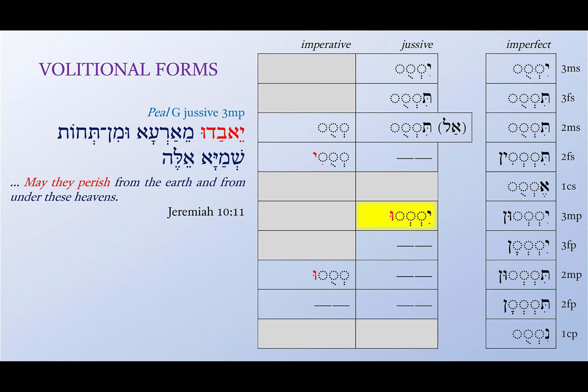And what's interesting is most modern Bible translations don't use this jussive rendering here, like may they or let them, those kind of ideas. They just assign a typical imperfect, future-like rendering. Whereas, of course, all of the grammatical references agree this must be a jussive, because otherwise there should be a nun there. And there's no text-critical evidence that there was ever a nun there.